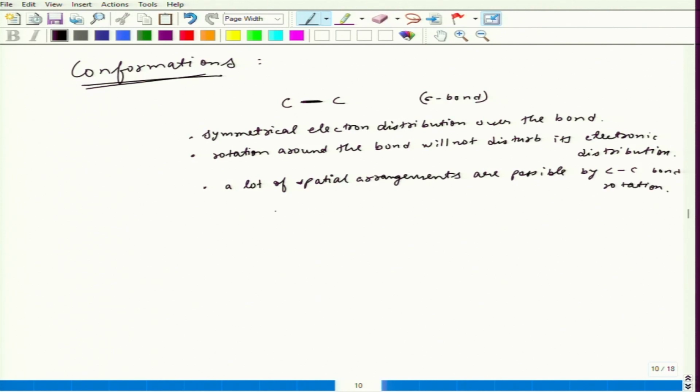Okay. And these different spatial arrangements are called conformers or rotamers. Or we can say conformations.